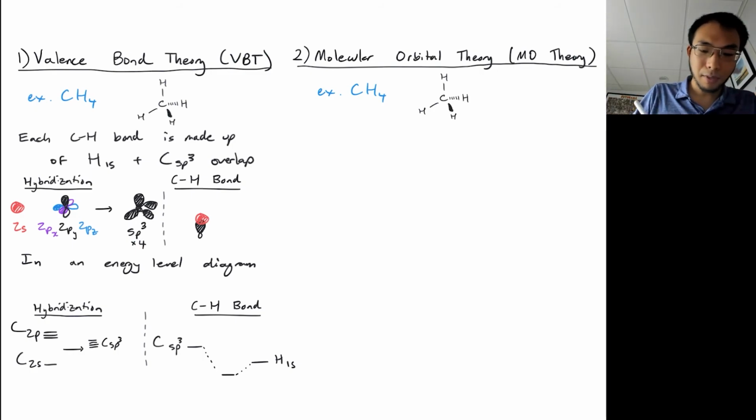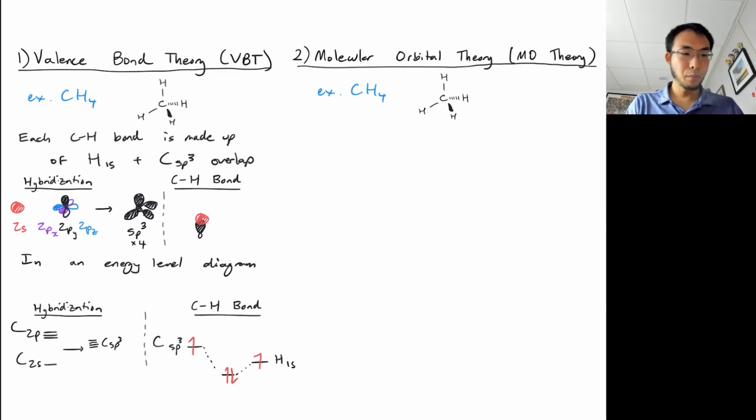And so if I go in and fill in my electrons, it would look like this, where this diagram is trying to explain one CH bond in methane. I could draw four lines on the left here and four lines on the right here, mix them all together to get four lines in the middle to indicate that I've made four CH bonds.